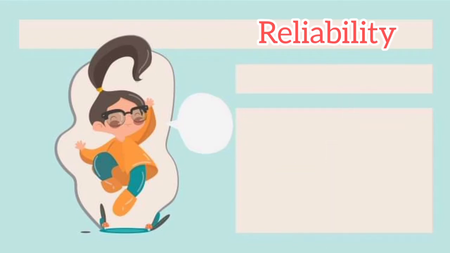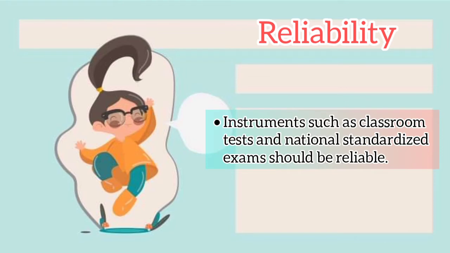Likewise, instruments such as classroom tests and nationally standardized exams should be reliable because when the results of an assessment are reliable, we can be confident that repeated or equivalent assessments will provide consistent results.